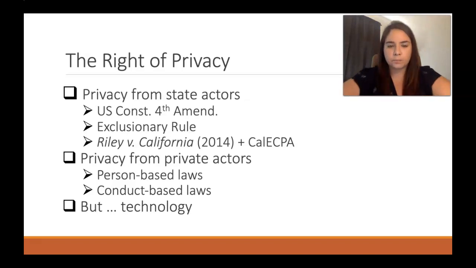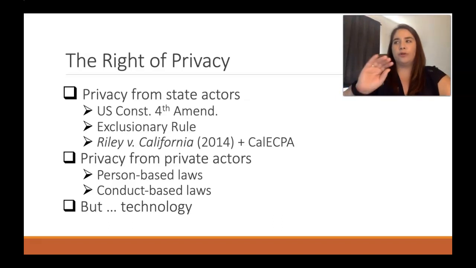But there are person-based laws, so certain people can have the right to privacy from other people, and those are delineated by the state legislators. There can also be conduct-based laws. My favorite is the revenge porn conduct law that California passed 3 years ago, where it makes it a misdemeanor for you to utilize an explicit photograph of someone with whom you had a prior relationship and who gave you that photograph in the privacy of your relationship.